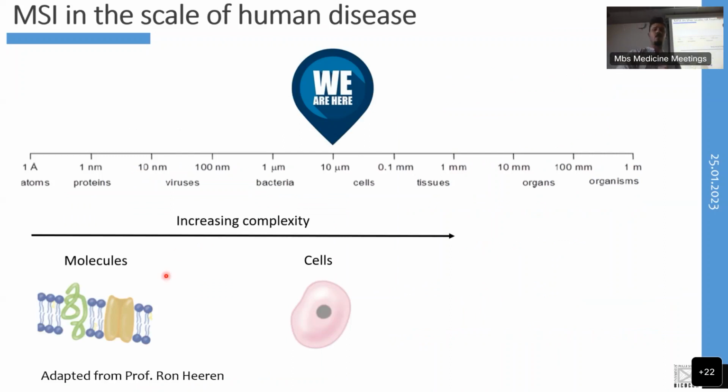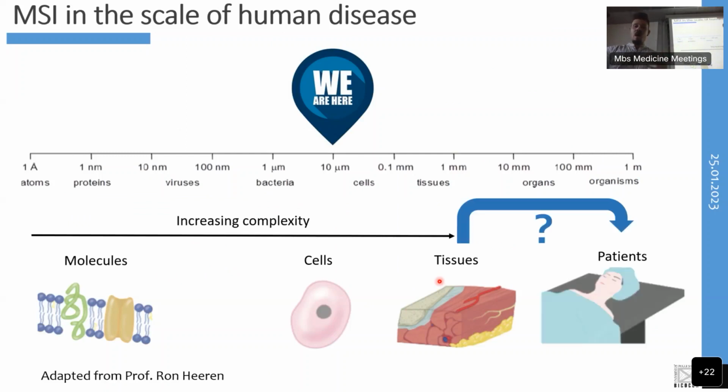And we know that the molecules which are present within these cells drive their function. And then the function of these cells effectively is what drives the destiny of the tissue. And as we start to try and unravel all of this complexity, it's becoming more and more evident that within all of this here lies crucial information that we can use to try and improve patient care due to personalized strategies.